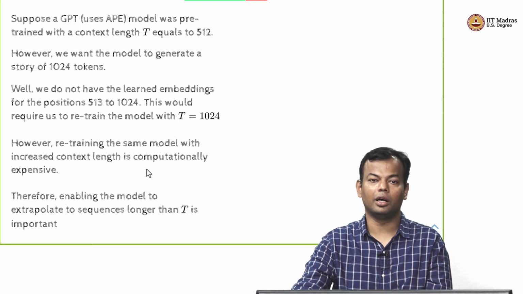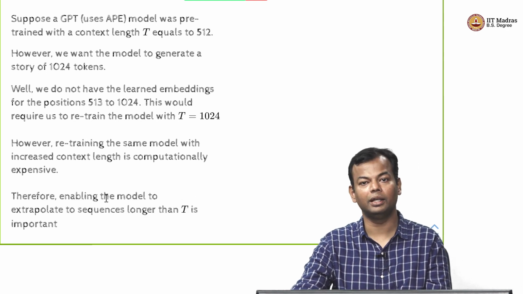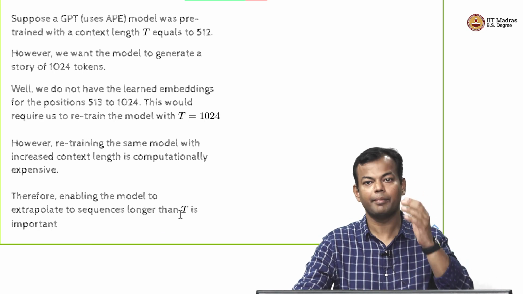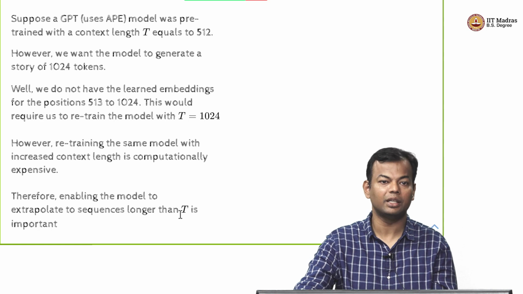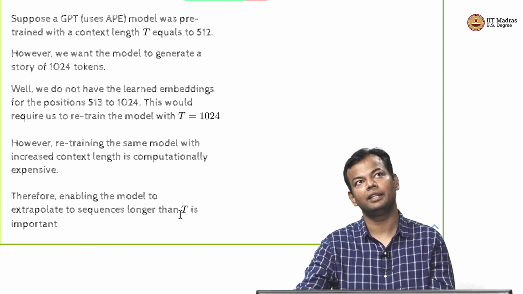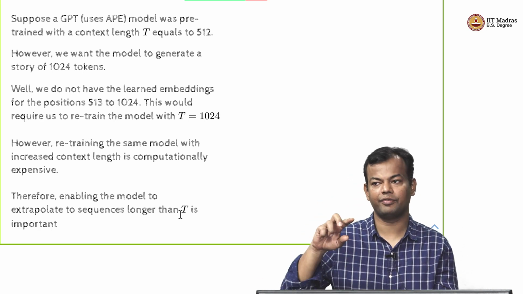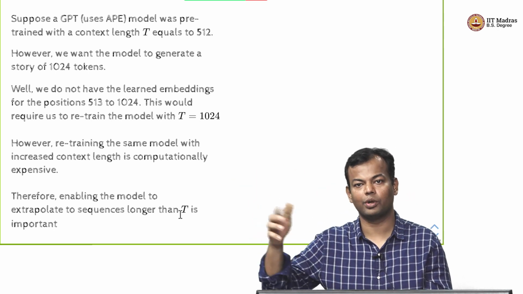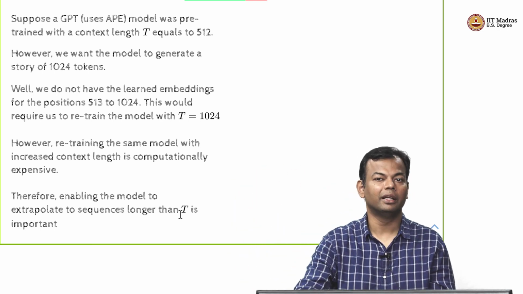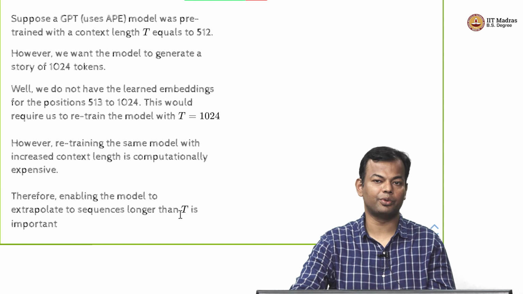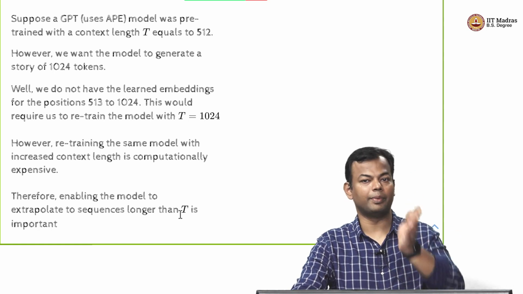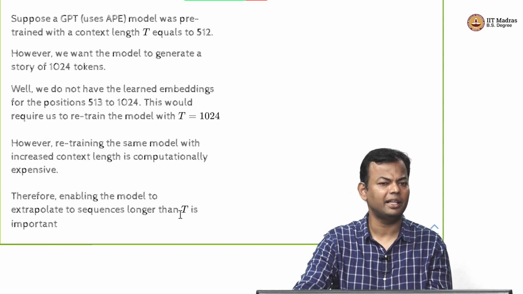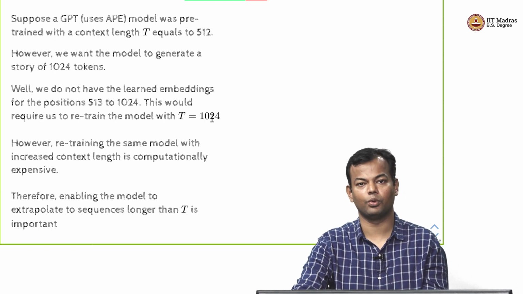So it is important that the model, even though it has seen some max sequence length, should be able to extrapolate to longer sequences. Hence this idea of relative makes sense, because if you're just going to say next token plus 1, plus 2 and so on, then even if it has not seen the absolute position 513, it still knows how to move to plus 1 from where it is currently. We'll make that more clear as we go ahead.